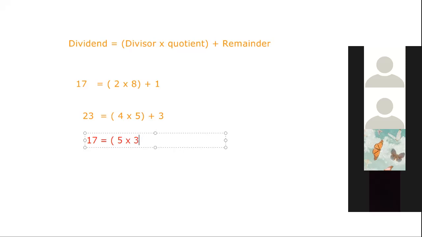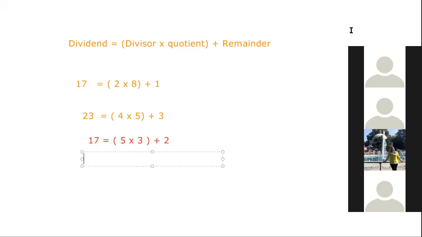Excellent, because 5 times 3 is 15, which is the closest, plus 2. 17. Plus 2. Excellent, Lana. Very good.